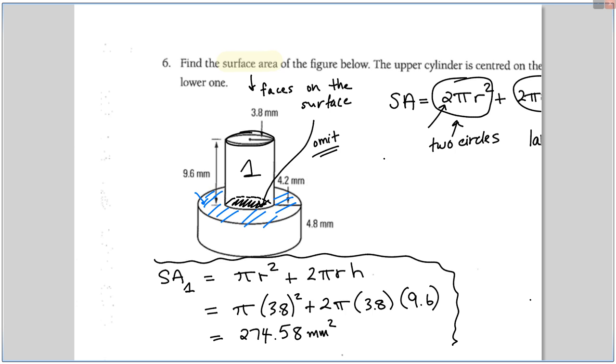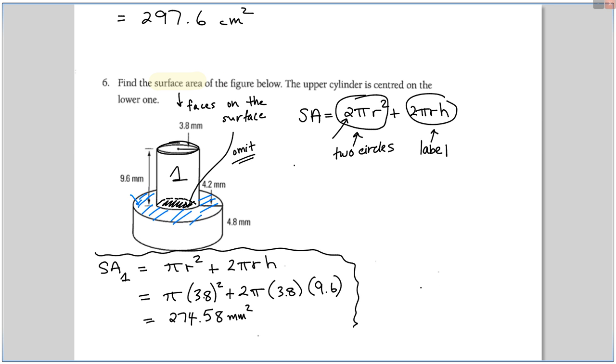So for the bottom cylinder, cylinder 2, I'm gonna just calculate everything as if there's nothing on top. So there's the bottom circle plus the label, plus the top, which I'll get to.